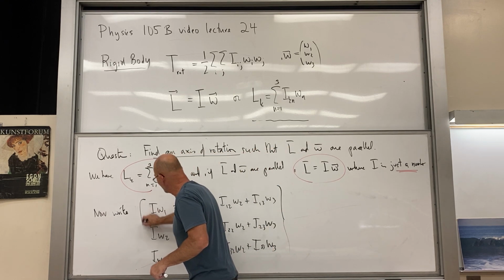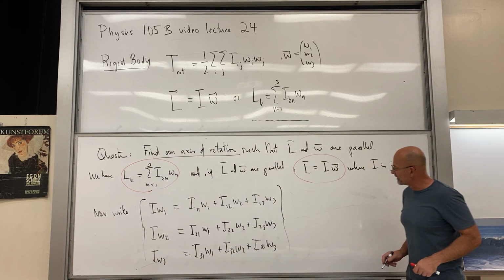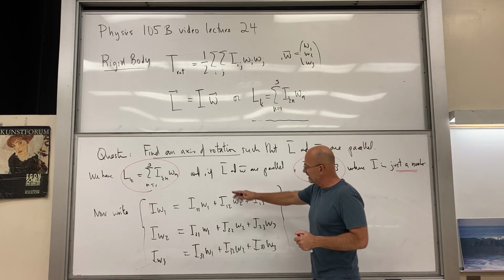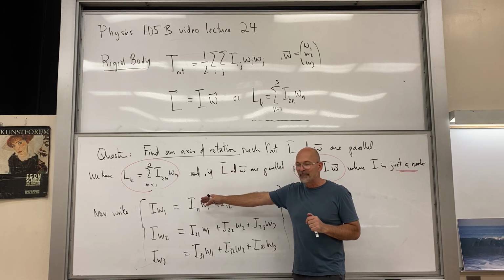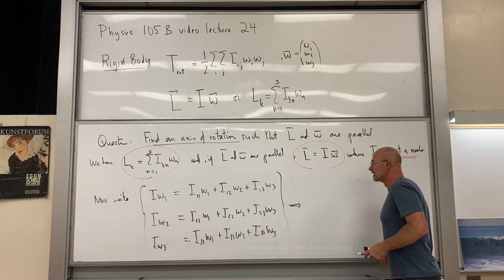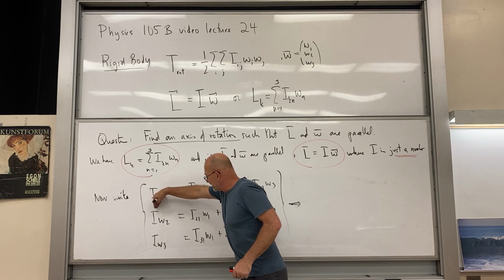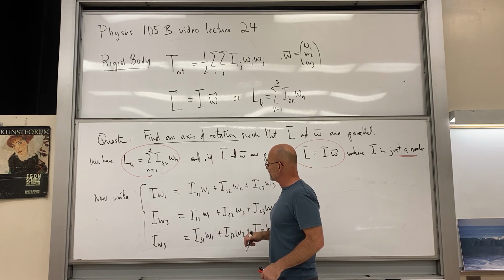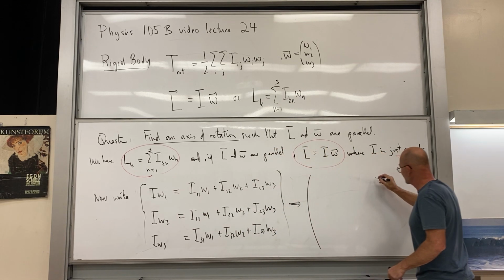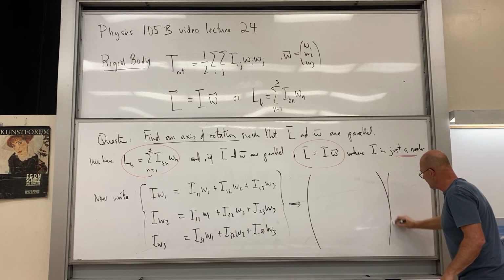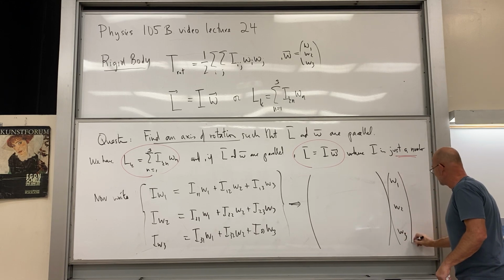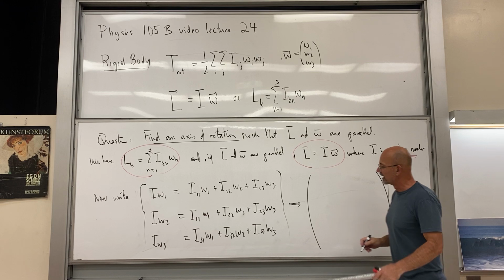So we have this, and maybe I'm going to do two steps in one right here. Because this is just a system of linear equations, and I can write them in matrix form in the following way. Okay, so this one's important. I can bring each of these over to the left side and set it equal to 0, and I'm going to get a matrix, and I'm going to multiply it by the vector omega 1, omega 2, omega 3, and that's going to equal 0. So we'll do the first row.